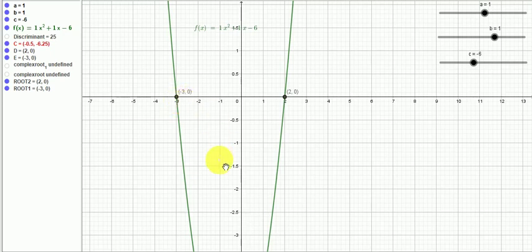So this was an example where d was greater than 0 and d is a perfect square. That's why we got rational, real, and unequal roots.